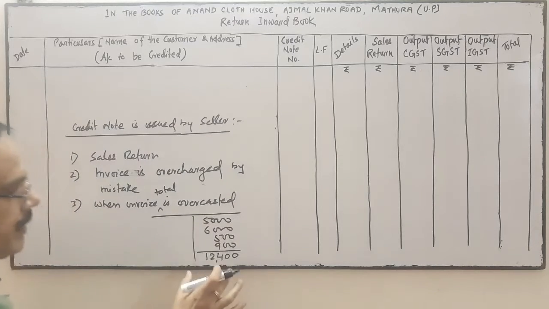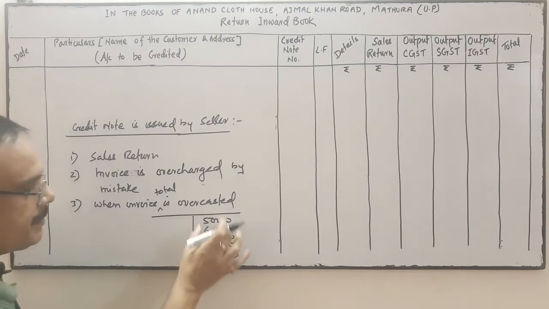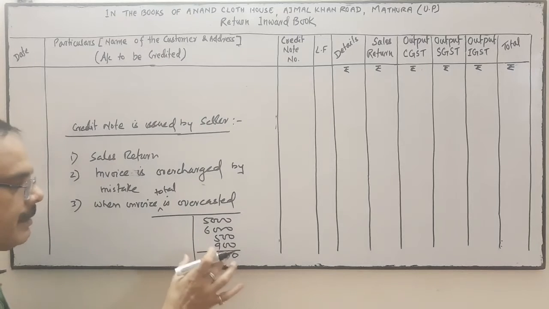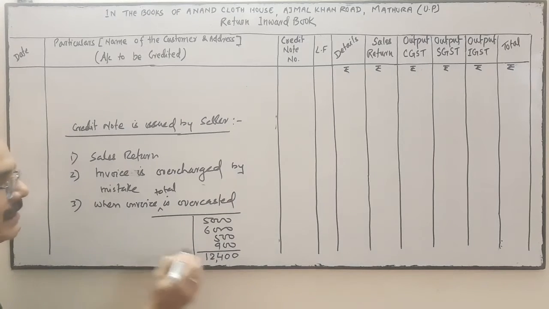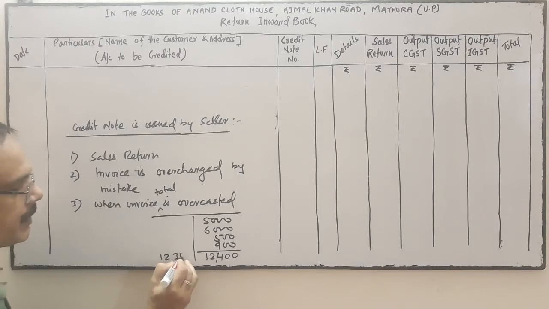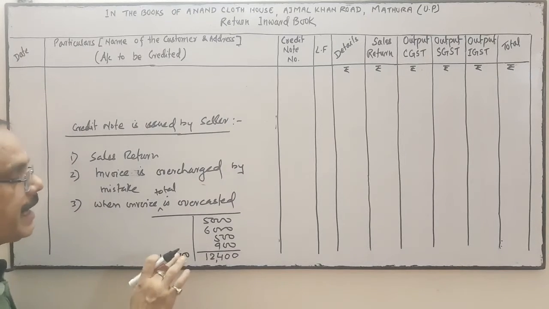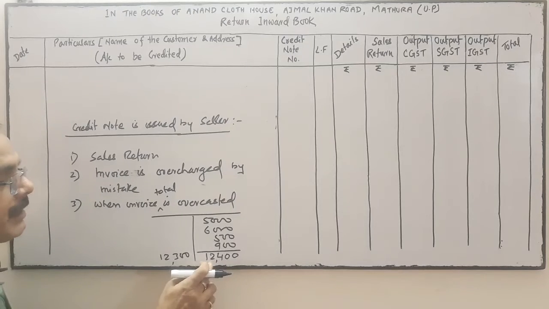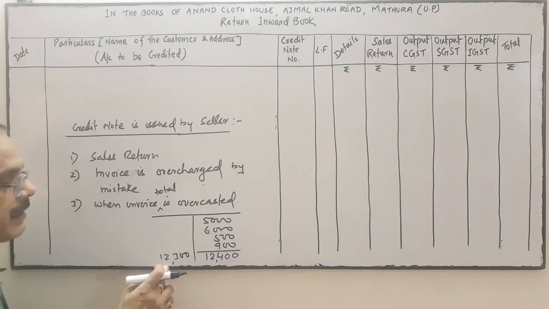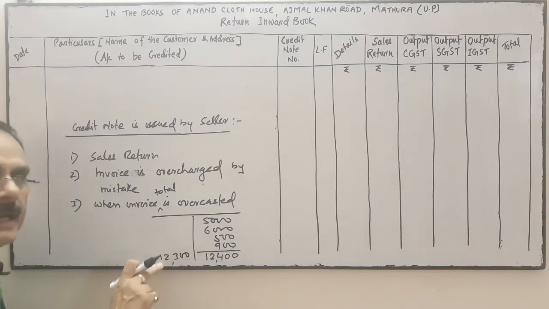Okay, this is the correct total. But if there is a mistake in totaling and the total comes 12,300 by mistake, then it is called undercast by 100 rupees.